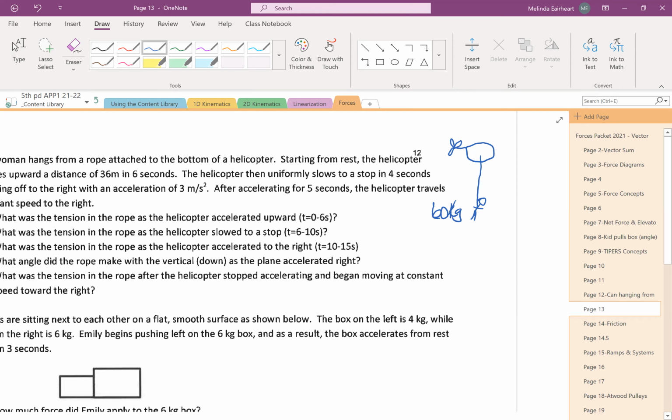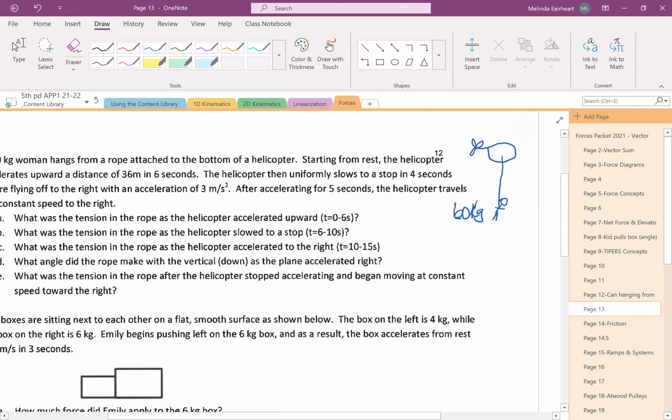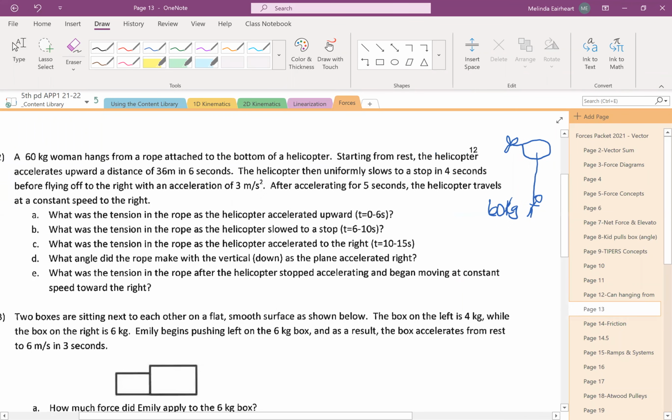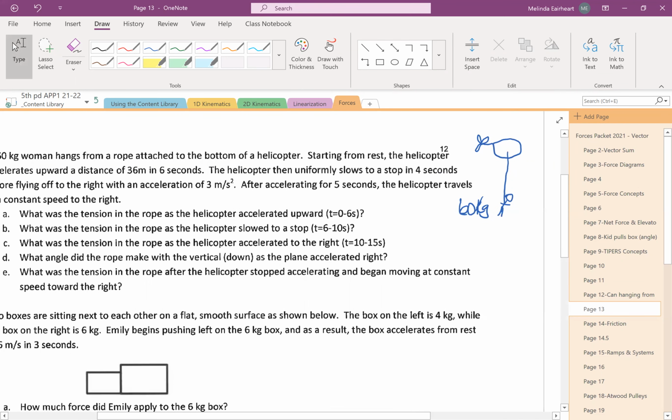Starting from rest, the helicopter accelerates upwards a distance of 36 meters in 6 seconds. Hint, hint, sounds like what? Kinematics. So we'll probably have to do a little kinematics. The helicopter then uniformly slows to a stop in 4 seconds.